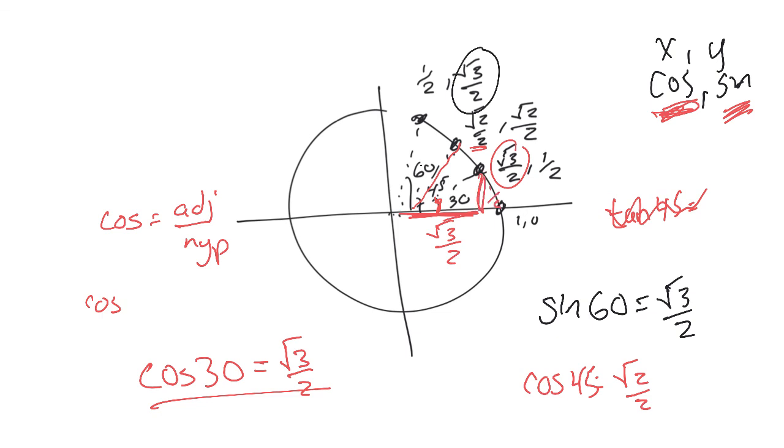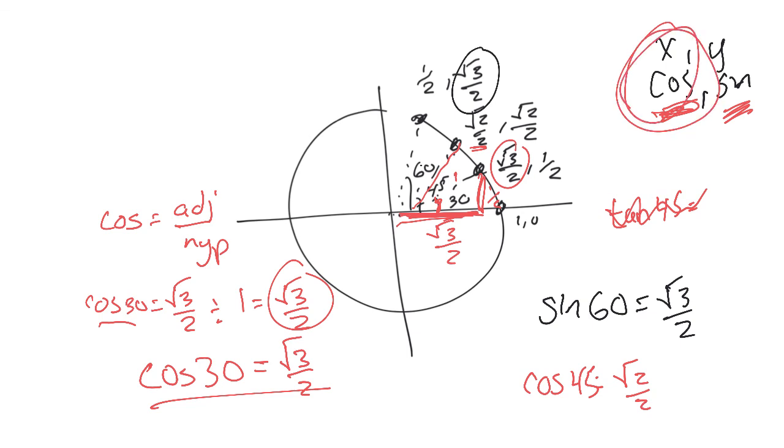It's up a half, and the hypotenuse is 1. So cosine 30 equals adjacent side square root of 3 over 2 divided by the hypotenuse, which is 1. So cosine 30 equals square root of 3 over 2. This is y. But if you just remember, cosine is just the x, saves you a lot of time. That's all.